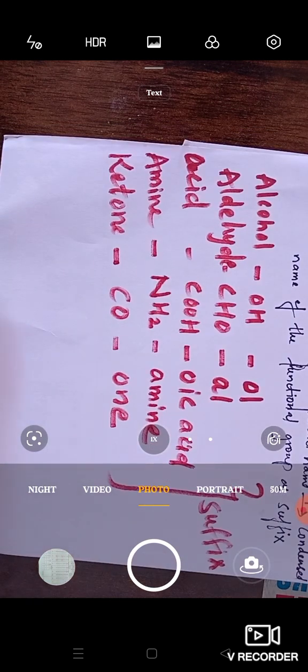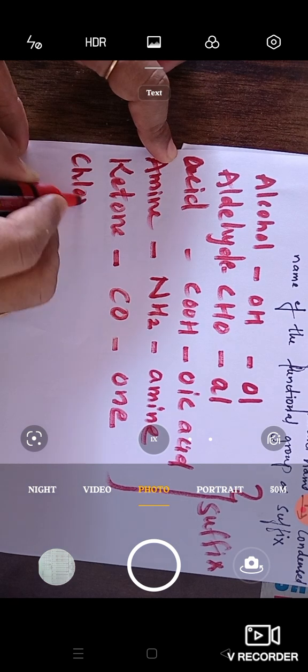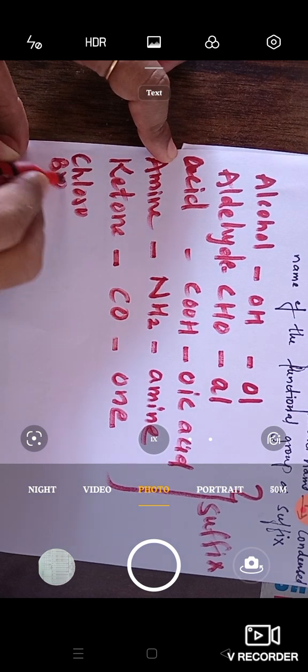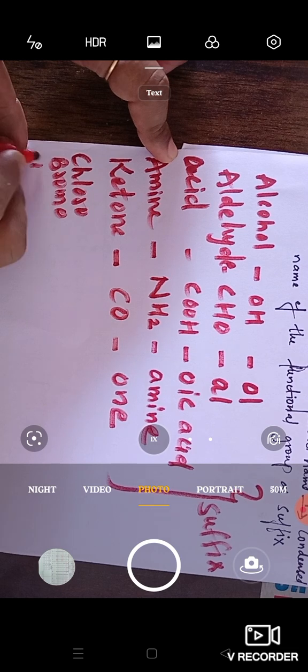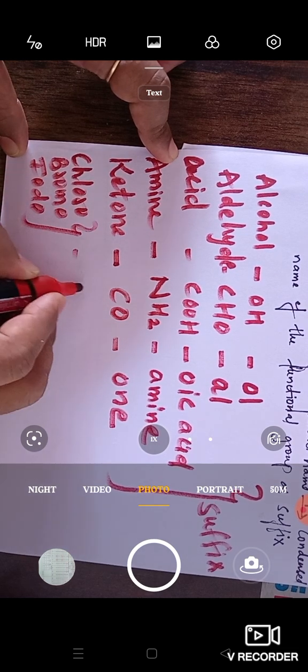But there is one kind of functional group which is written as a prefix.